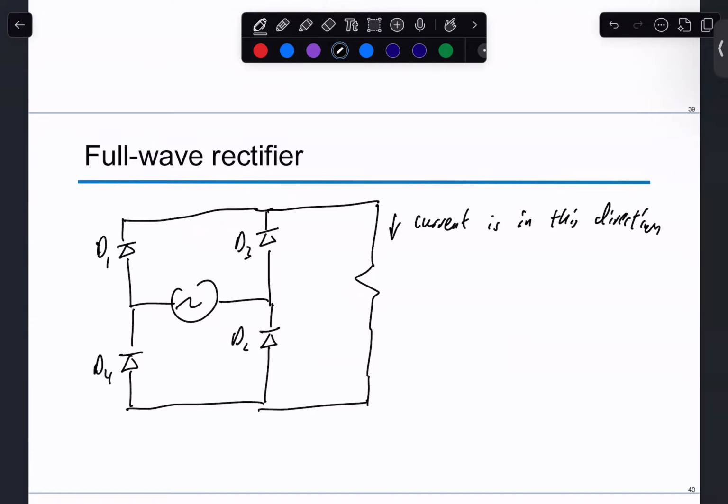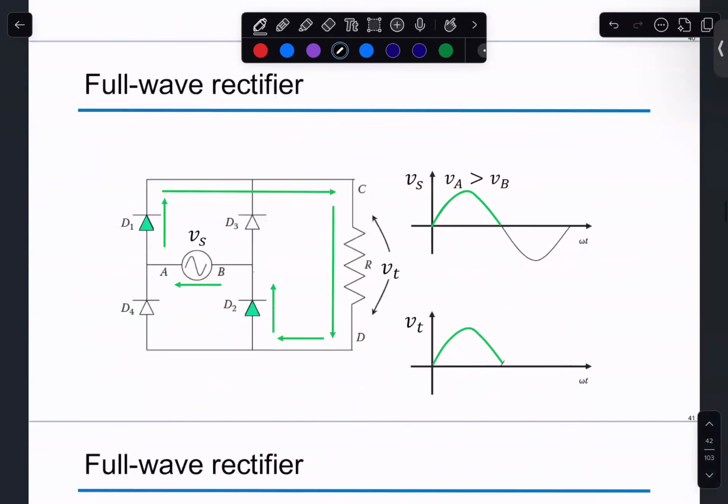Why does this give us a full wave rectifier instead of a half wave rectification? The idea is basically, if the source voltage is positive, then we have conduction going from D1 all the way through across D2. So this is what happens when the voltage is positive.